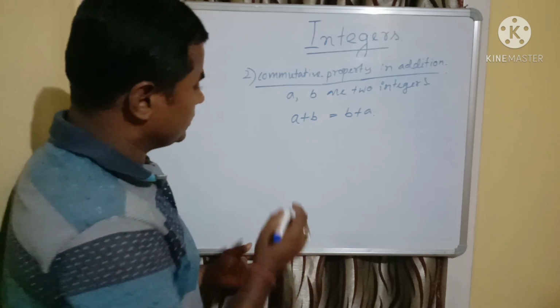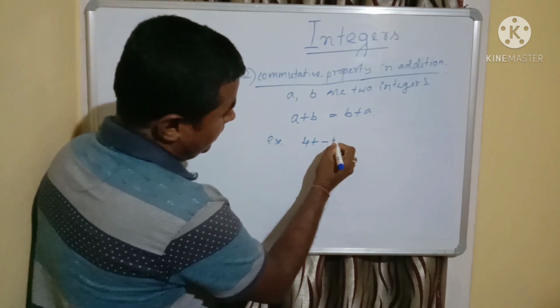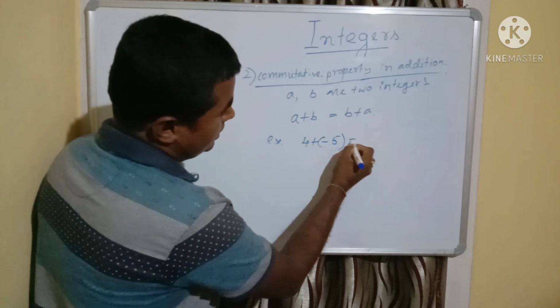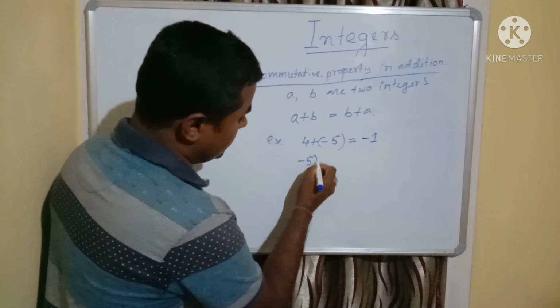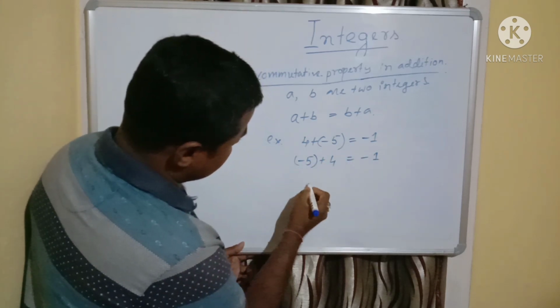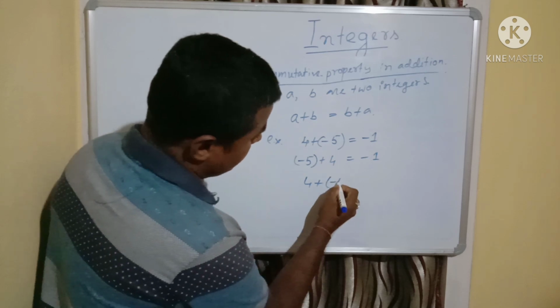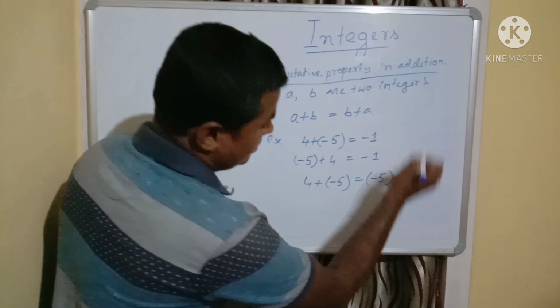So let us take some examples. Example 1: 4 plus minus 5 gives minus 1, then minus 5 plus 4, here also minus 1. That means 4 plus minus 5 equals minus 5 plus 4.